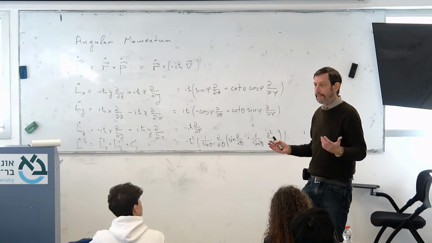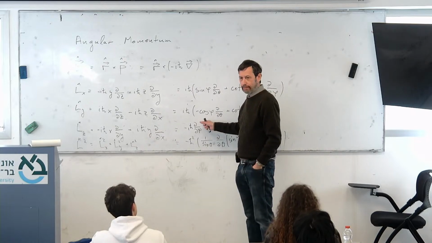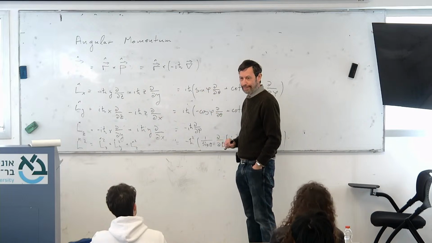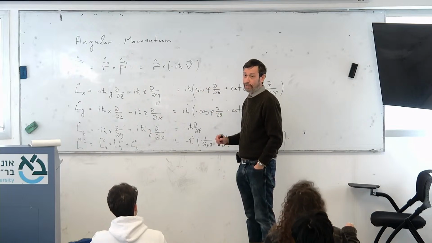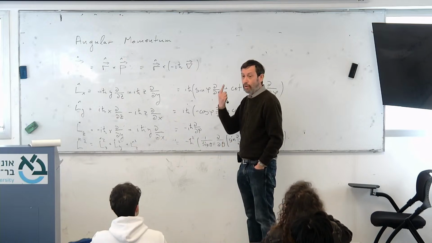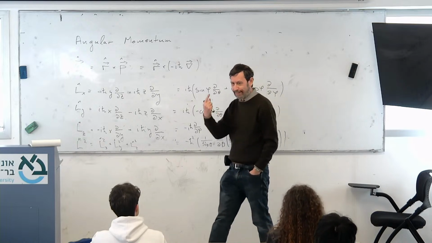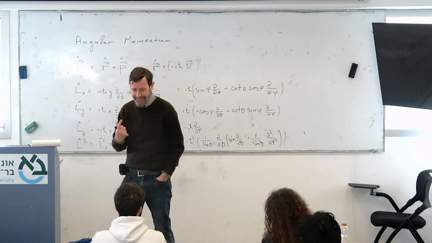You can always know L squared and Lz, but you never can know the other two components because they're non-commutative. So you can know only one component; choose your basis to be the one component that you can know.